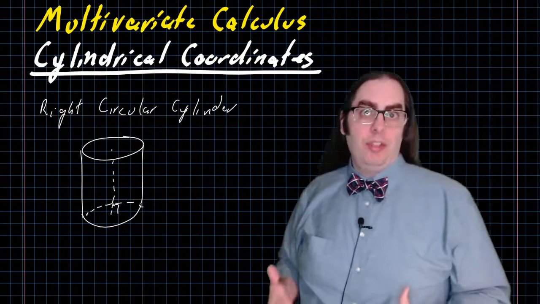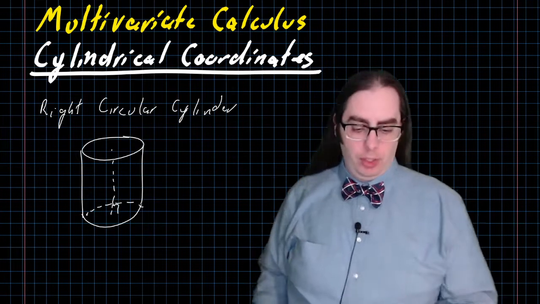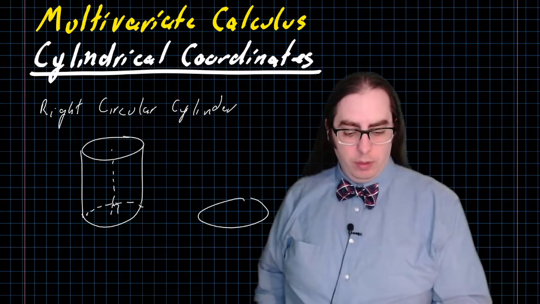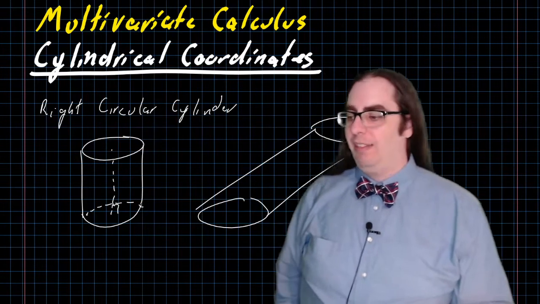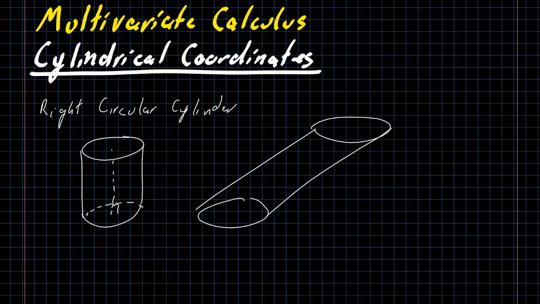A cylinder doesn't have to be a right cylinder. You can have a cylinder that goes off in a slanty shape. Get my head out of the way so you can actually see that drawing. It's still a circular cylinder because the top and bottom are still circles, but it is no longer right.